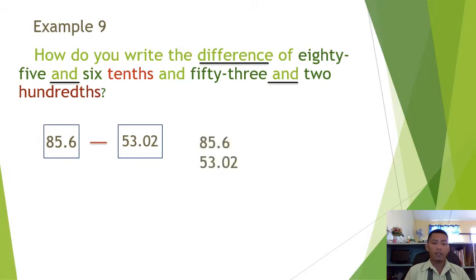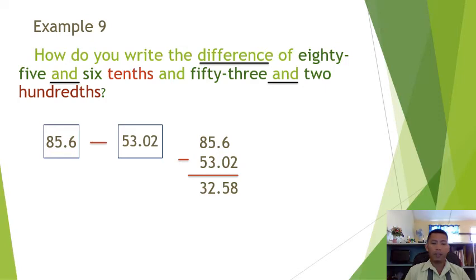Let's subtract that using this pattern. 85 and 6 tenths minus 53 and 2 hundredths. 0 becomes 10. 10 minus 2 is 8. Then 6 becomes 5. 5 minus 3 is 2. 8 minus 5 is 3.